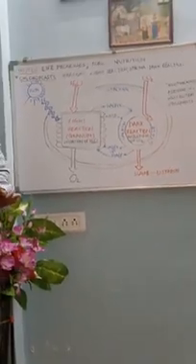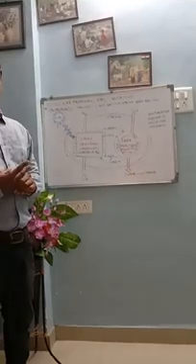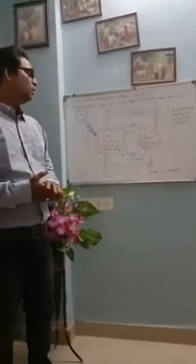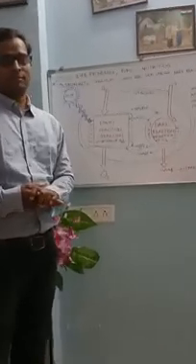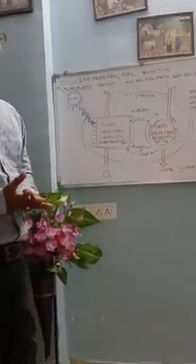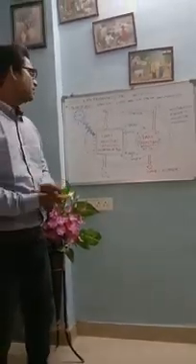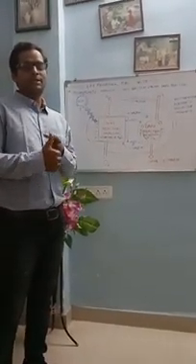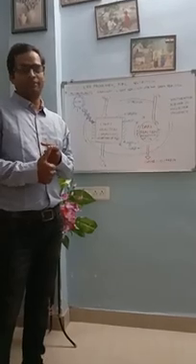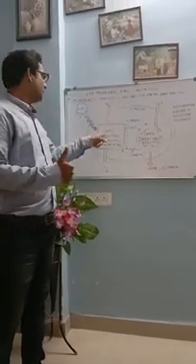If you remember, this is your short answer question: what are the three main steps involved in photosynthesis? We had already discussed these three steps, and I repeat them in this class again. First step is absorption of light or trapping of light by the grana.